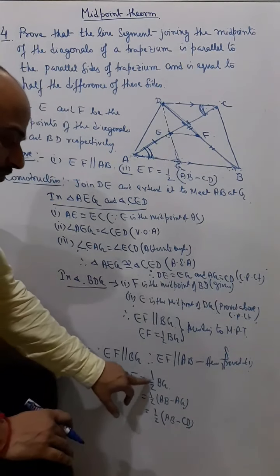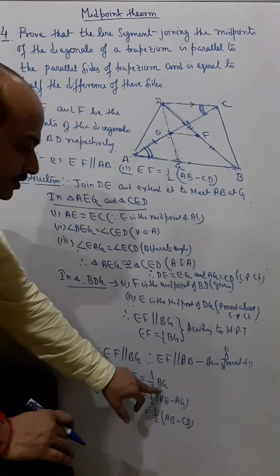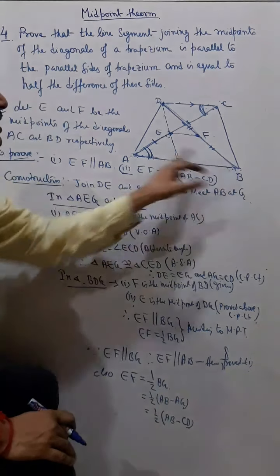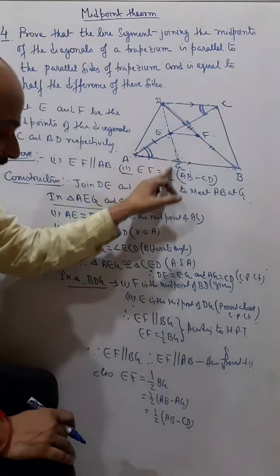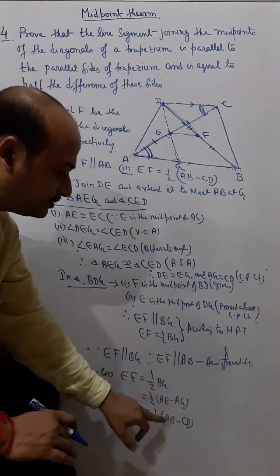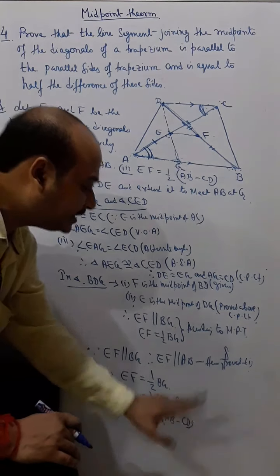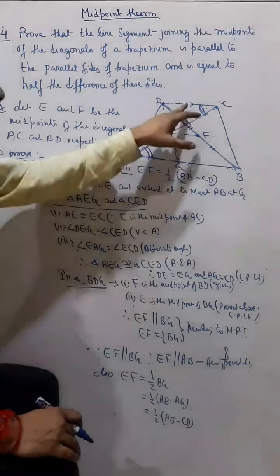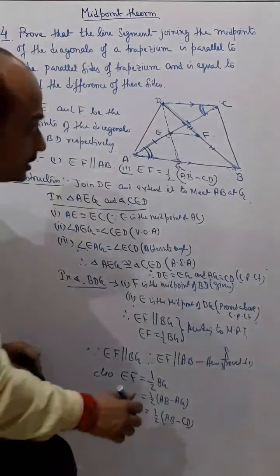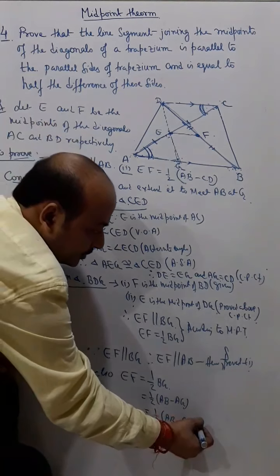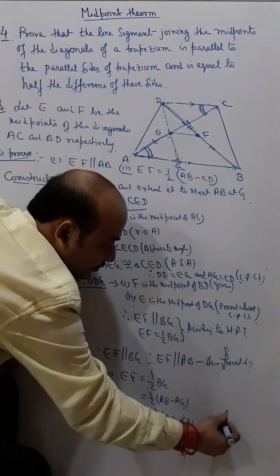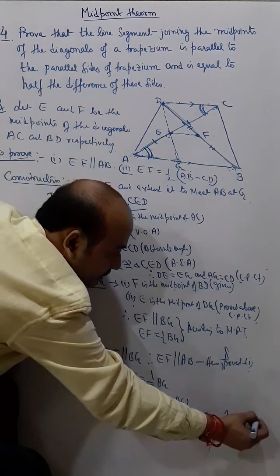So EF is half of BG, and half of BG means half of AB minus AG. In place of AG I can write CD, because we have already proved congruence. So this is hence proved, and that is number 2.